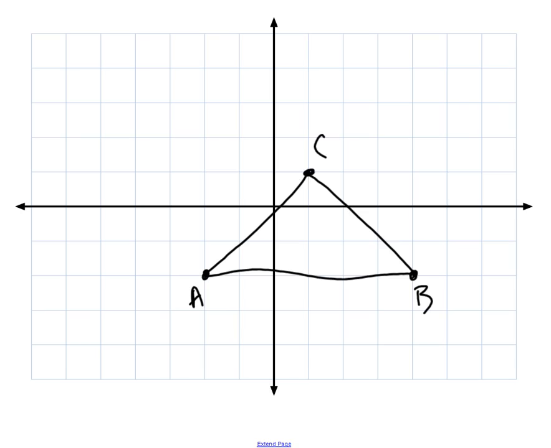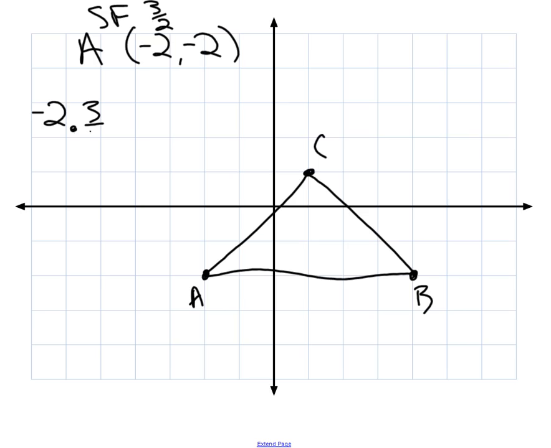Well, we divided them, but that's the same as multiplying by 1/2. So you always just multiply the numbers by the scale factor. So in this case, if point A is at -2, -2, if the scale factor is 3/2, we're just going to multiply both those numbers by 3/2. So we're going to say, what's -2 times 3/2?